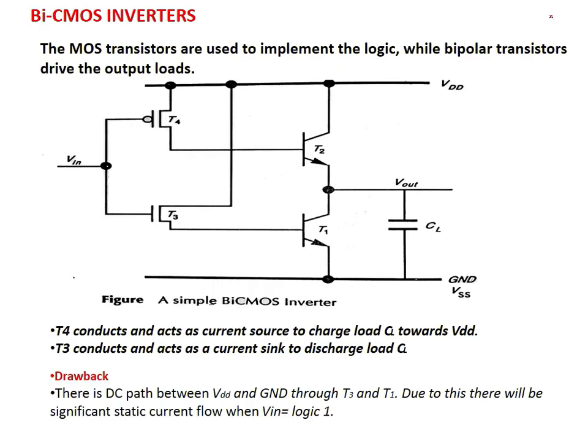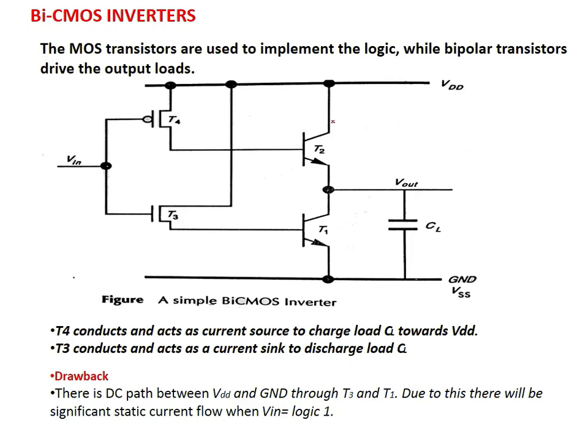The next topic is BiCMOS inverters. BiCMOS itself says CMOS plus Bi, which stands for bipolar junction transistor. So these inverters are a combination of both bipolar junction transistors and CMOS technology, that is PMOS and NMOS.